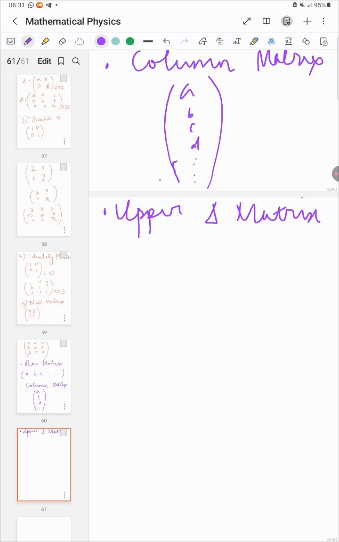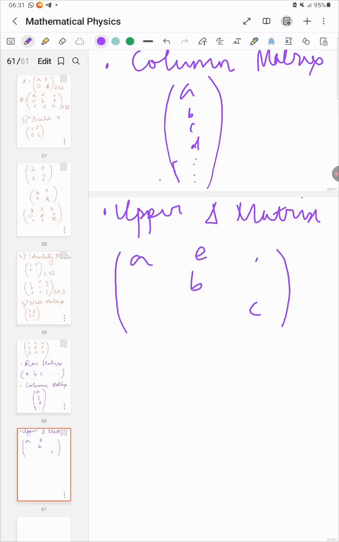If all the elements of a matrix below the principal diagonal are 0, then it is said to be an upper triangular matrix. So all elements below the principal diagonal need to be 0. Let us consider the principal diagonal to be A, B, C, and all elements above the principal diagonal will be non-zero.